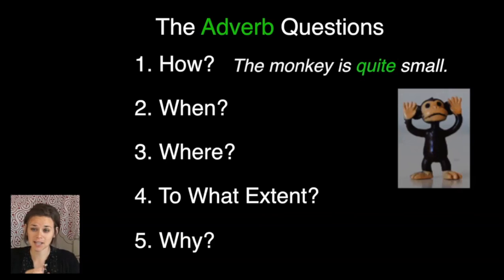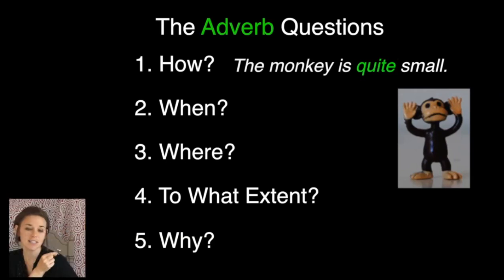He's a very small monkey, quite small. Can you see him? Oh, he's so little. This little guy is pretty tiny. And he's pretty tiny. He's also quite small. If I say he's quite small, you know that small is telling us about the noun monkey. And quite is answering the adverb question how. How small? Quite small. So quite is an adverb modifying the adjective small, and it's answering the adverb question how.